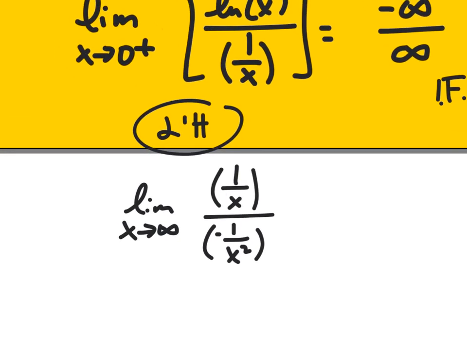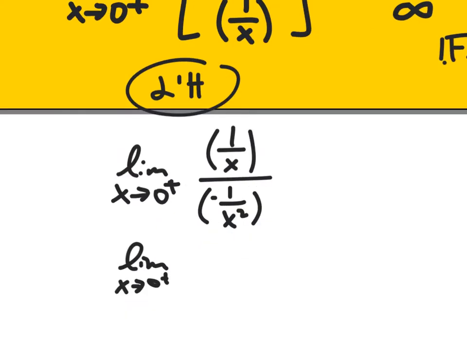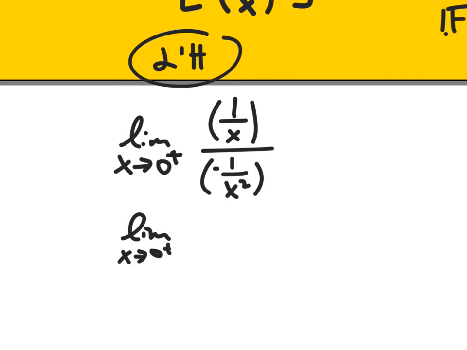Okay, oops, I didn't want that to be infinity. I want that to be a 0 coming from the right. Now I'm going to simplify this by multiplying by the reciprocal of the denominator on both top and bottom, negative and negative, right.